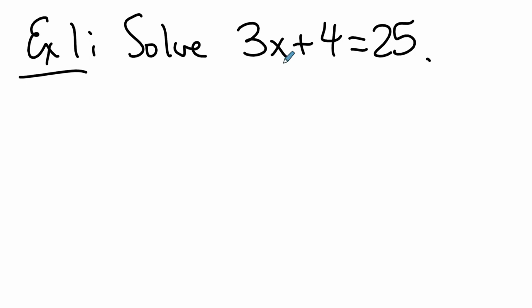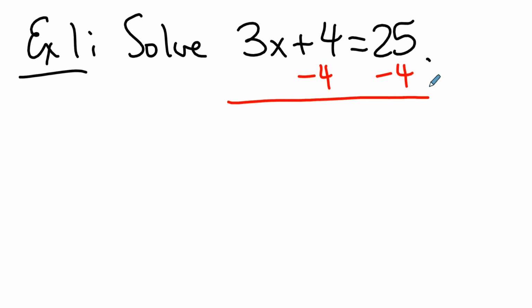We want to solve, which means we want to find the value of x that satisfies the equation, that makes both sides actually equal. And the way we do that, let's take us all the way back to what we did when we were kids. You would say, I want to get rid of this plus 4, so we're going to subtract 4 from both sides.